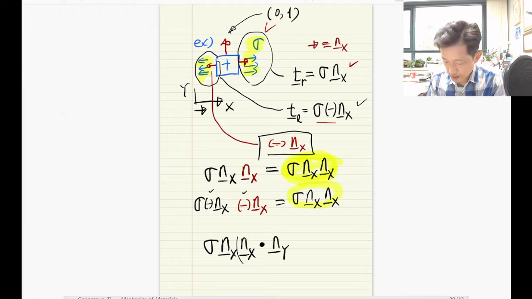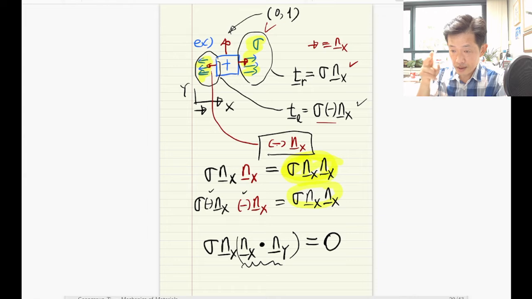Okay, so these two are orthogonal to each other, which means the dot product between these two base vectors should be equal to 0. So traction in that direction is equal to 0. Obviously, if you project the stress state in that direction, we have the minimum value of the traction.